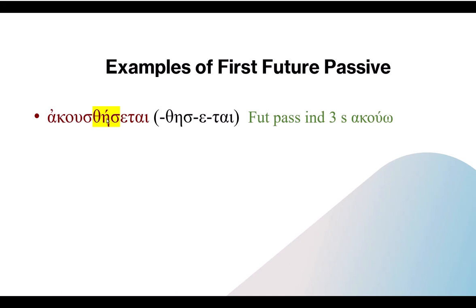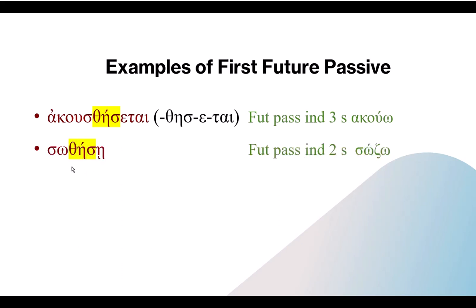And mainly we're looking at the tense formative, the thes, and then the connecting vowel, epsilon, and then the ending tai. So this is a third singular. We have the mai, sai, tai, and the singulars of the primary middle passives. And it is from akouo, so this would be it will be heard. It has future aspect, which typically is looking at the action as a whole, but it's the passive voice.